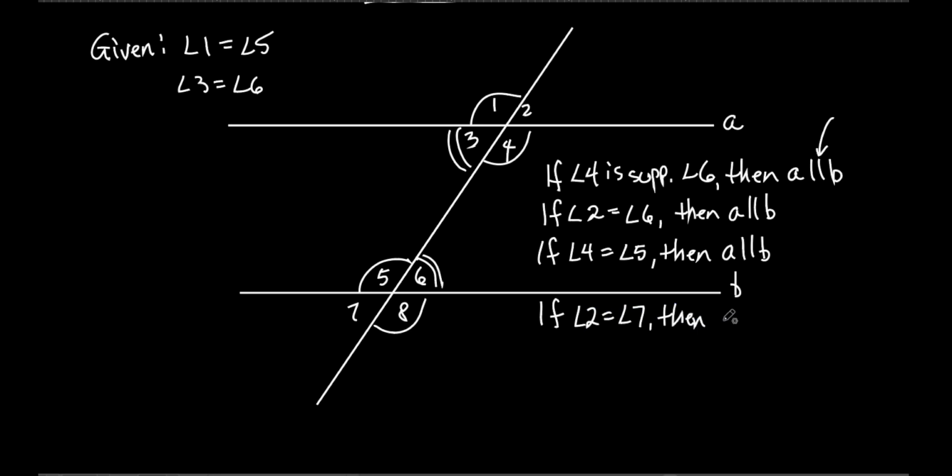A and B are parallel. That's right. A is parallel to B. Again, this is because of what? Consecutive interior angles are supplementary. This is 2 and 6, corresponding angles are equal. 4 and 5, alternate interior angles are equal. 2 and 7, alternate exterior angles are equal. So if all that stuff's true, then the lines are parallel.